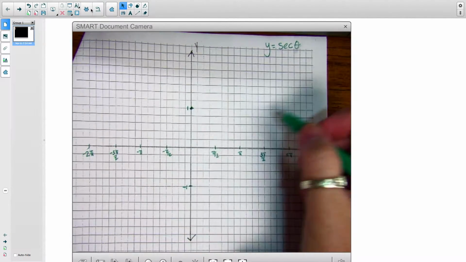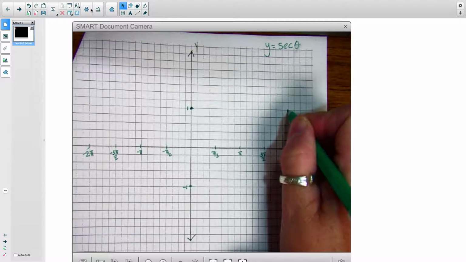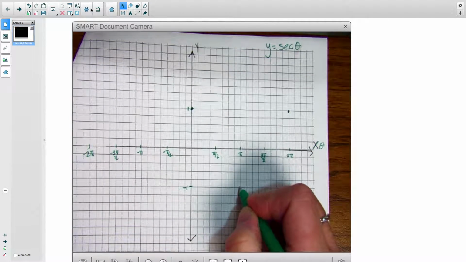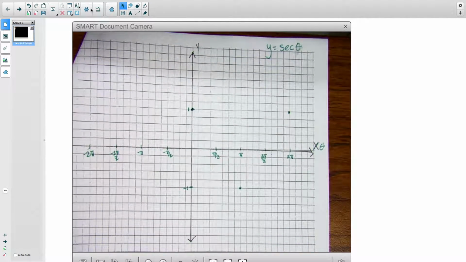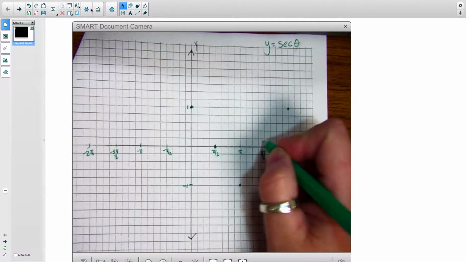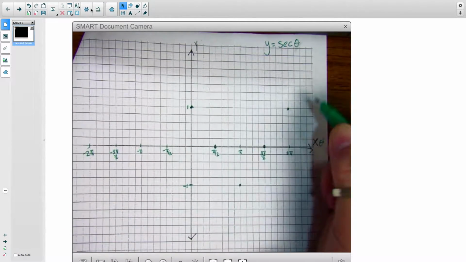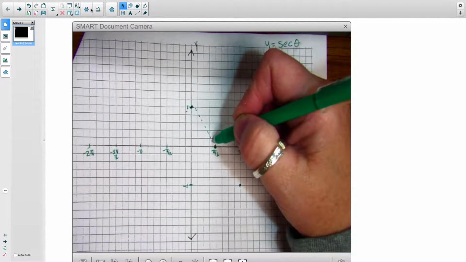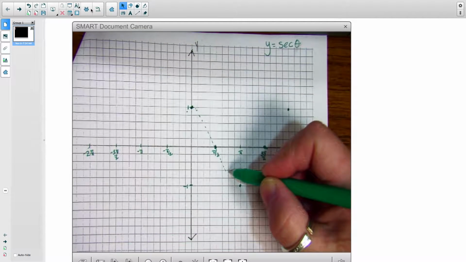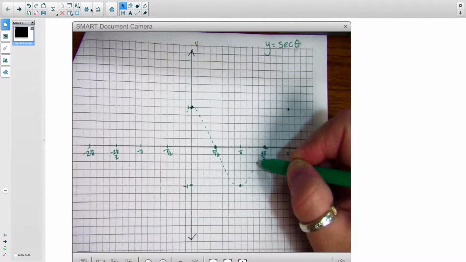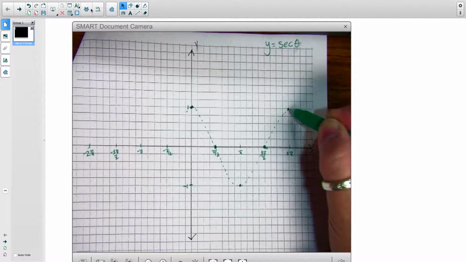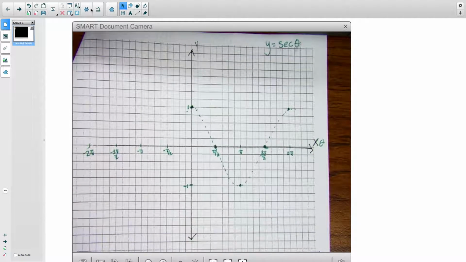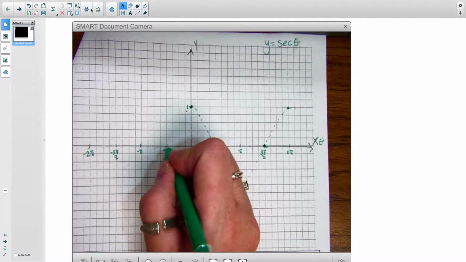So it starts at 1, over here at 2 pi it ends at 1, halfway between is negative 1. Then halfway between those, we have our x-intercepts. I'm just graphing it as a dotted line. I'm going to do the second period over here.